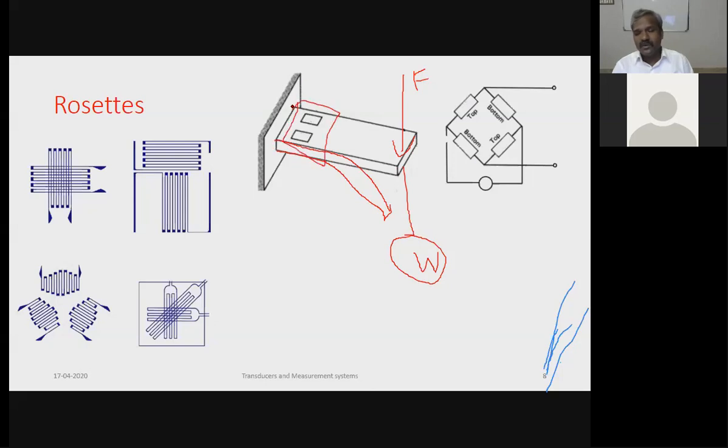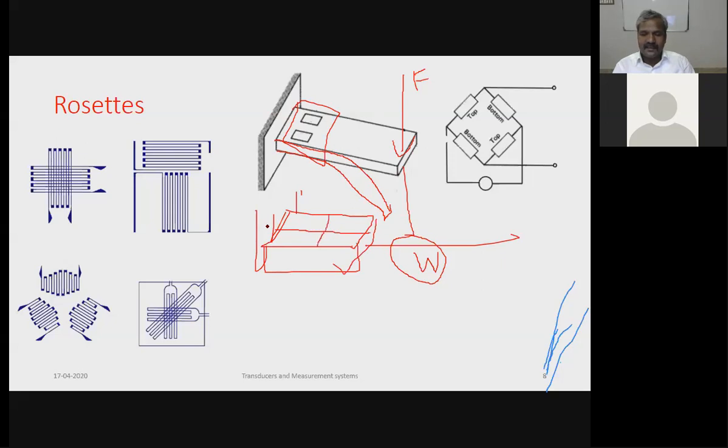So we have to select the appropriate place where the strain will be developed maximum. So as I told you earlier, when a fixed rod, fixed bar, when we apply tensile like this is fixed, where the maximum strain is on the line of action, along the center of gravity.